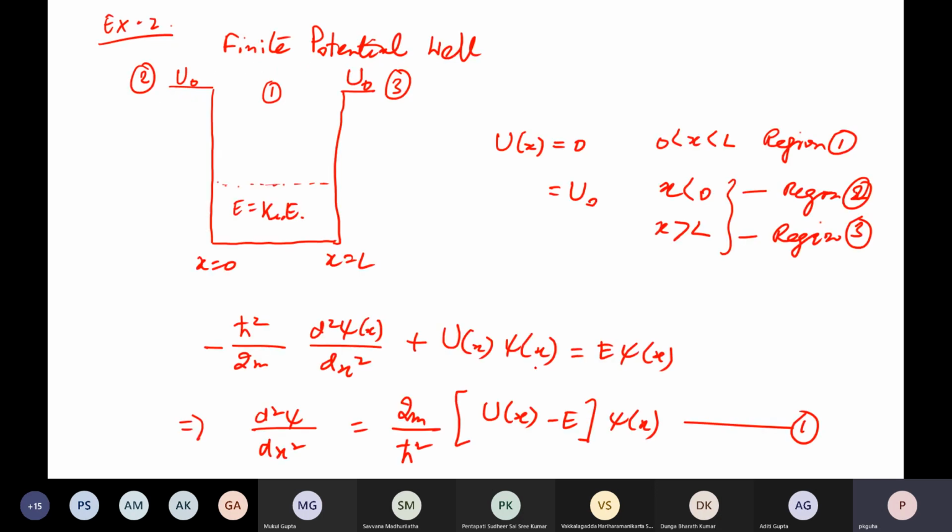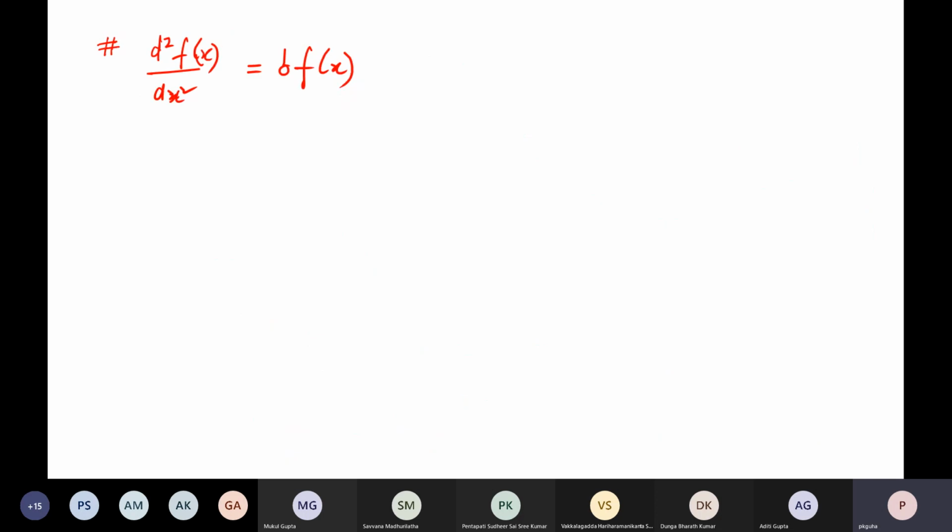The general solution is, let me write the general solution because that will help you. Say this is a differential equation of a similar form to the one we have written here: d2f/dx2 equal to b f(x).